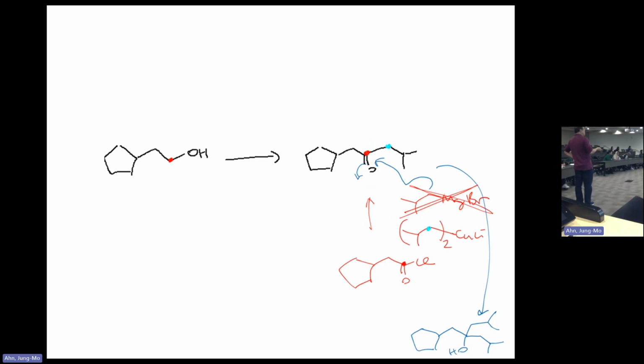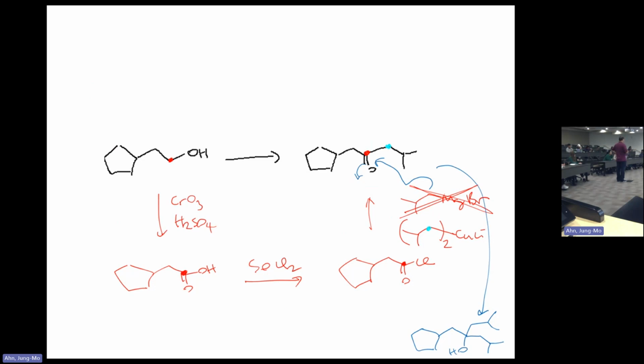Then how are you going to make this one to that? Right? That's basically something we talked about. That's coming from the carboxylic acid. This carboxylic acid reacting with thionyl chloride makes an acid chloride. This is basically oxidizing from the primary alcohol to the carboxylic acid. So all the reactions that we talked about before, you're going to need to make it out. Is there another way? Can you think of another way?